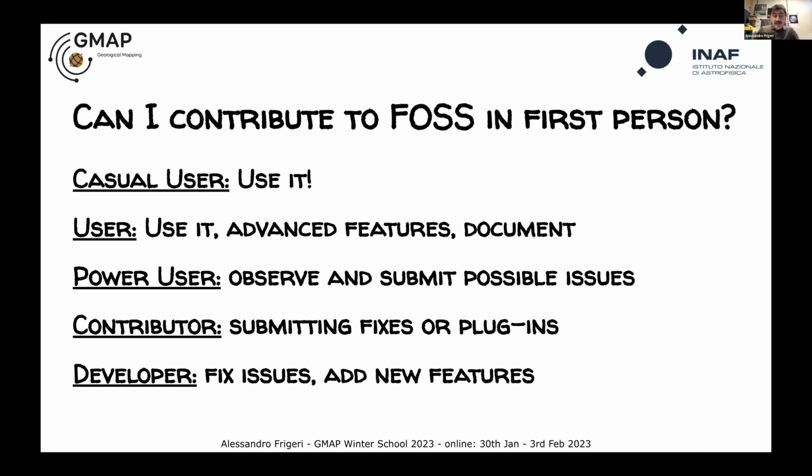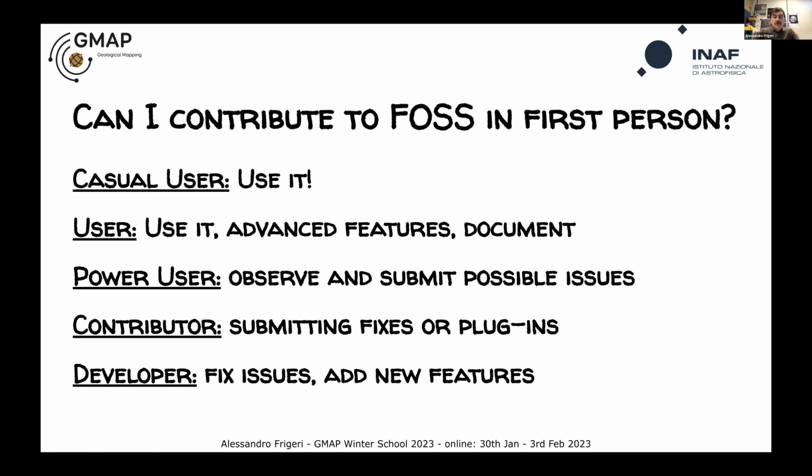The power user starts to see the limits in the software and starts, for example, to detect possible problems and submit issues that can be observed by the contributors and the developers, which are the people that put hands in the source code.